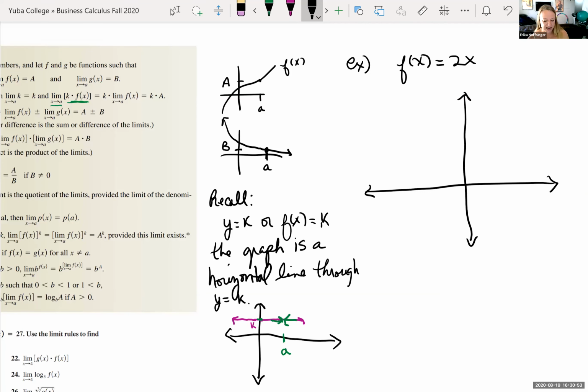My y-intercept is where x is 0. Y is also 0. If I plug in 1, right, I get 2. If I plug in 3, I get 6. So pretend that's straight.